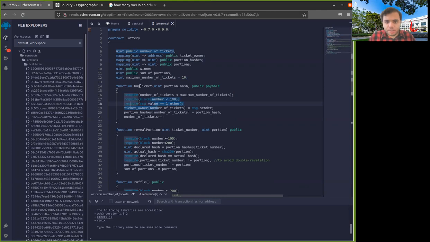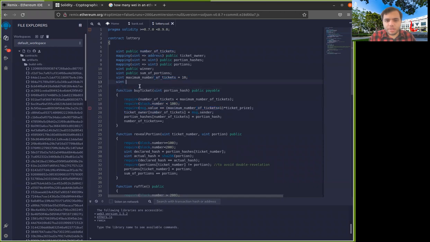Now, what should message.value be? Well, it should be basically maximum number of tickets plus 1 times the ticket price. Okay, and let's actually have the ticket price out here. So I can say this is 1 Ether.